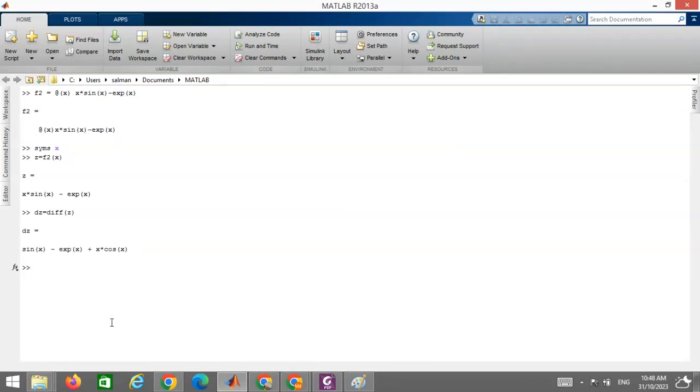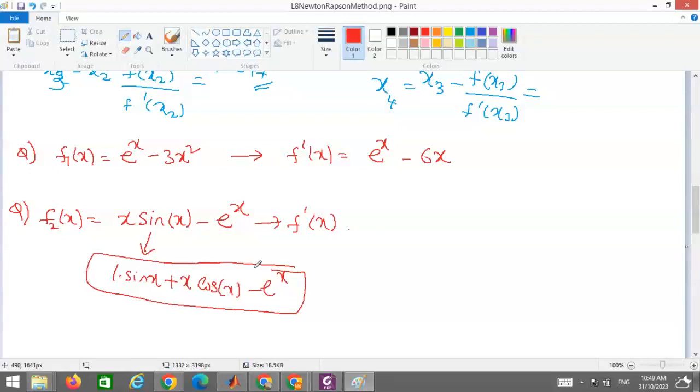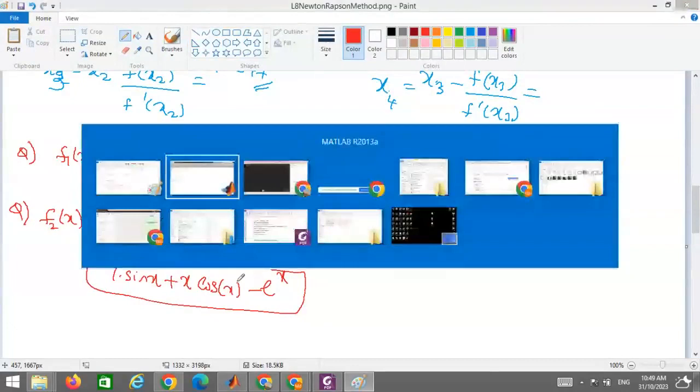Now you get this value. Using the UV rule, u dash v plus u v dash: first differentiate x, so 1 dot sin x plus x, and the sin x derivative is cos x, minus e to the x. This is what we have got, right? But the order doesn't matter, right? This is what we have got, the terms, right?